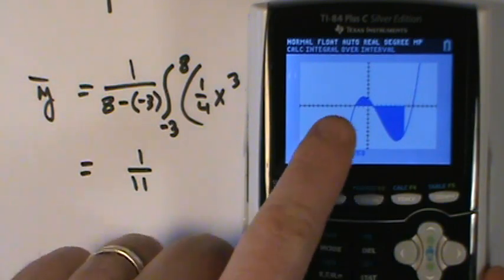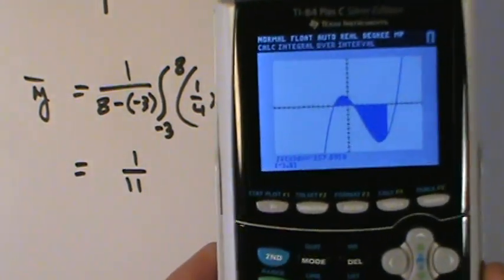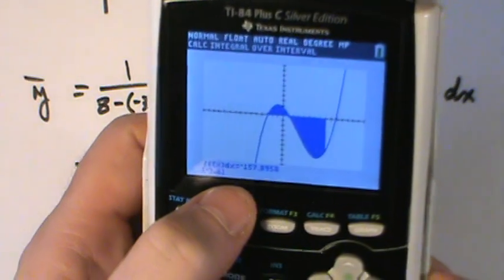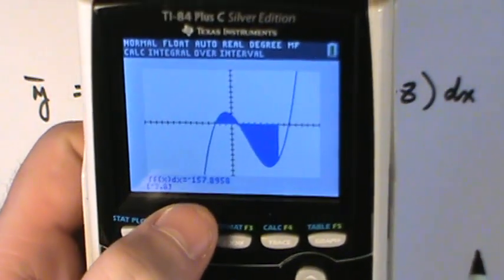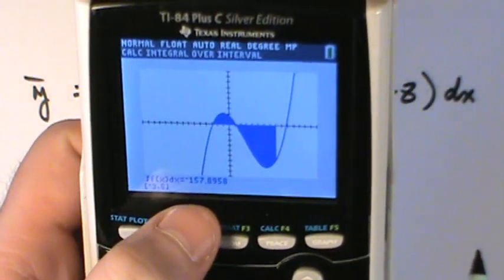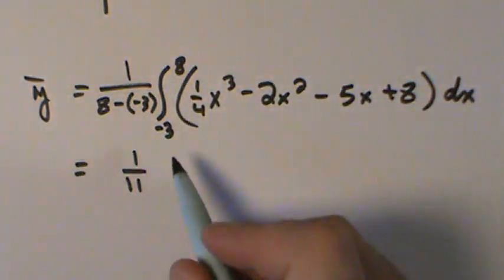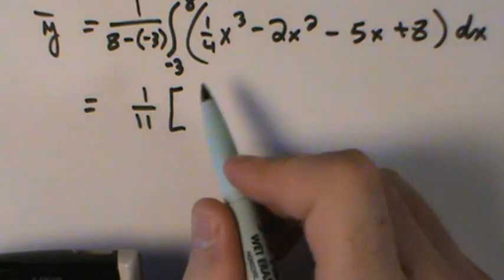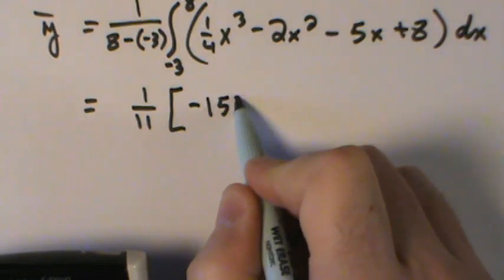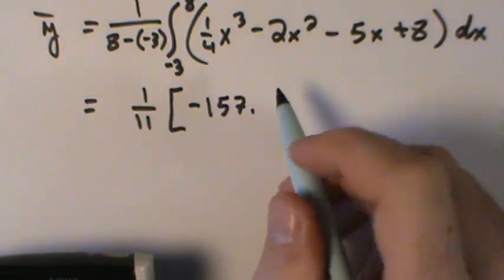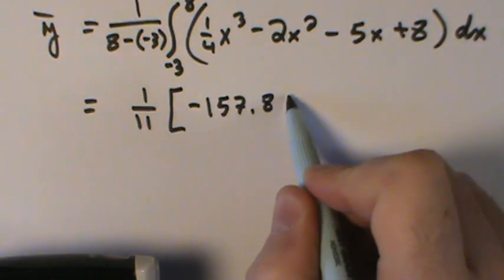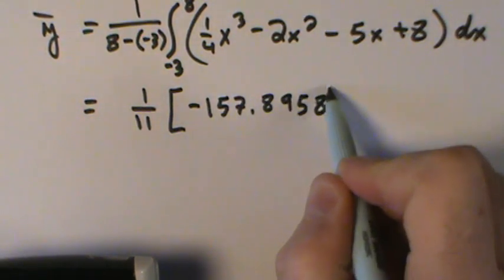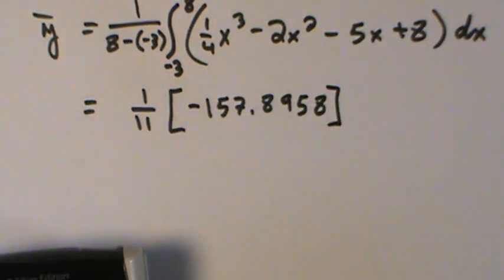And you notice how that shades that in. When I look at my calculator, it's given me a value of -157.8958. So this would be 1/11 times -157.8958.